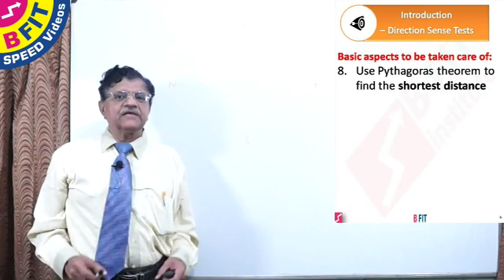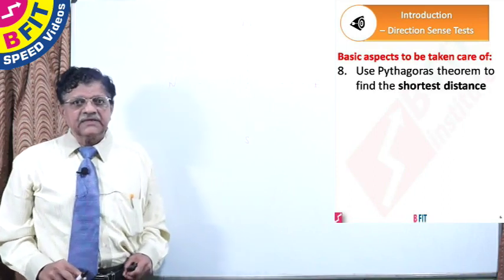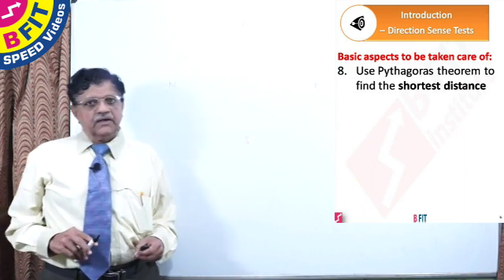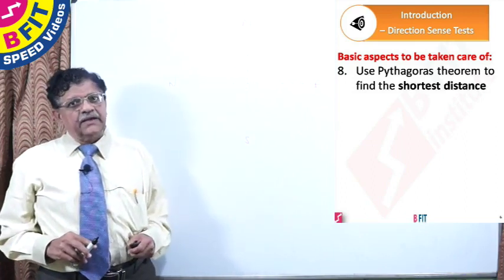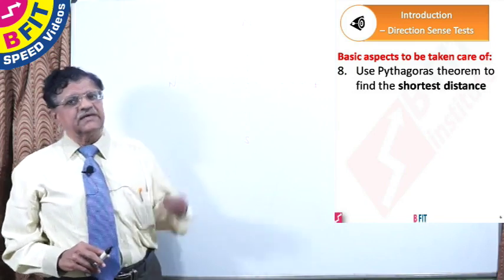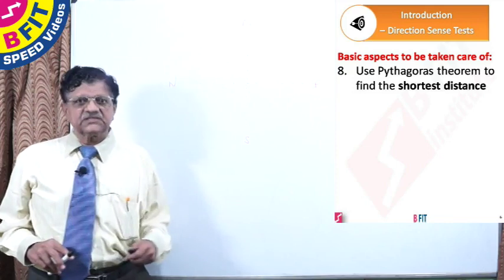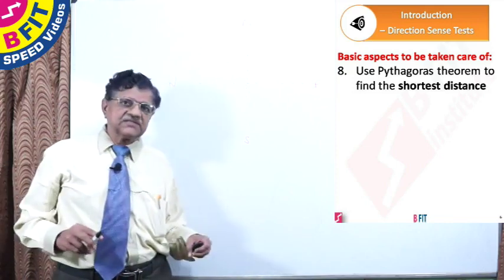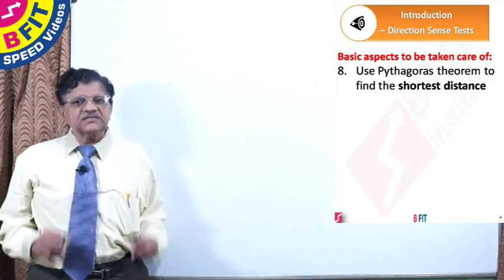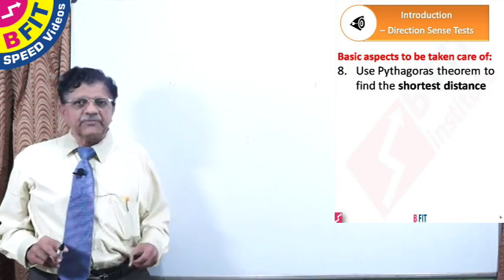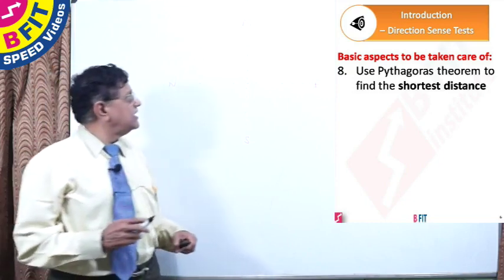The next basic thing you should know is, there are sometimes questions saying that the person reached his starting point using the shortest distance. What is the shortest distance? In mathematics, the shortest distance is the straight line. I will give you an example to make this concept clear.